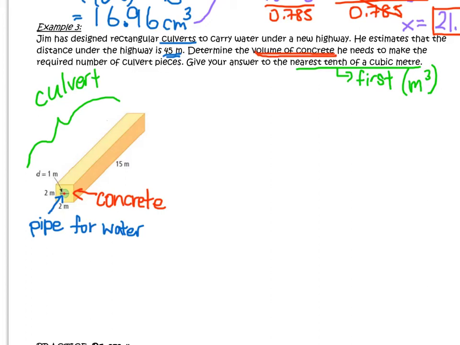So what would we have to do to figure out the answer? Chris? 2 times 2 times 15. Okay, so instead of putting in numbers, what are the steps? What would we calculate first, and then what would we calculate second, third, etc.? First we would find the volume of just the orange part, rectangular prism.